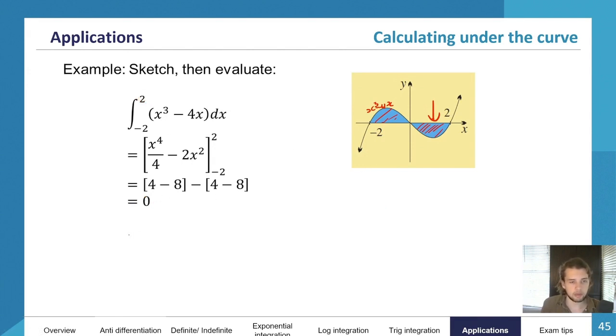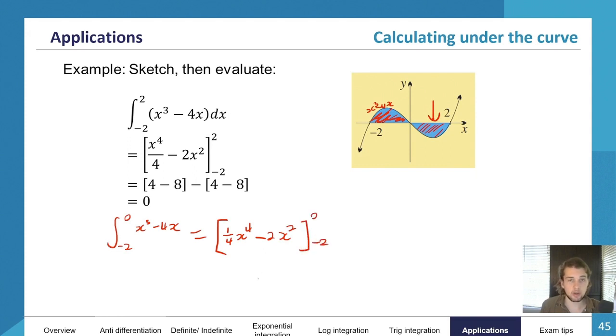So let's actually manually do that. We first want to get -2 to 0 of x^3 minus 4x. So that's just this one in here. That is equal to, we have these square brackets, 1 over 4 x to the power of 4 minus 2 x to the power of 2, from -2 to 0.